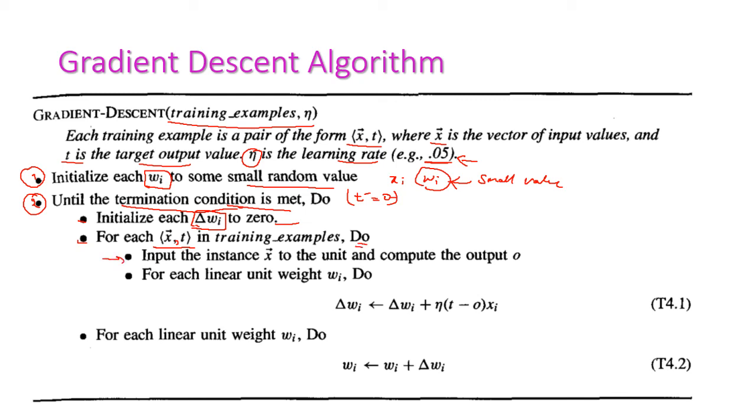Do give input instance x vector to the unit and compute the output. For all the nodes in the network we have to give input, that is xi, and the node will produce the output oi. Oi means the computed output.